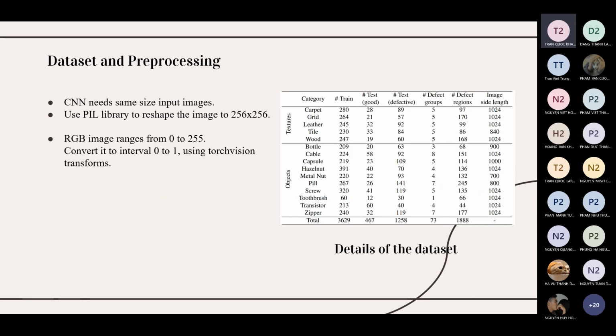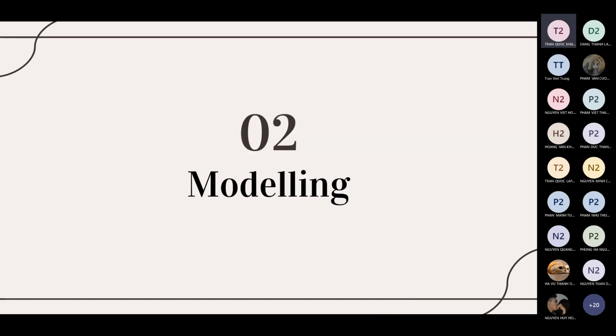Also the image is a 3-channel image where each pixel is an integer from 0 to 255, so we convert it to the interval from 0 to 1, and we use torchvision transforms to transform it.